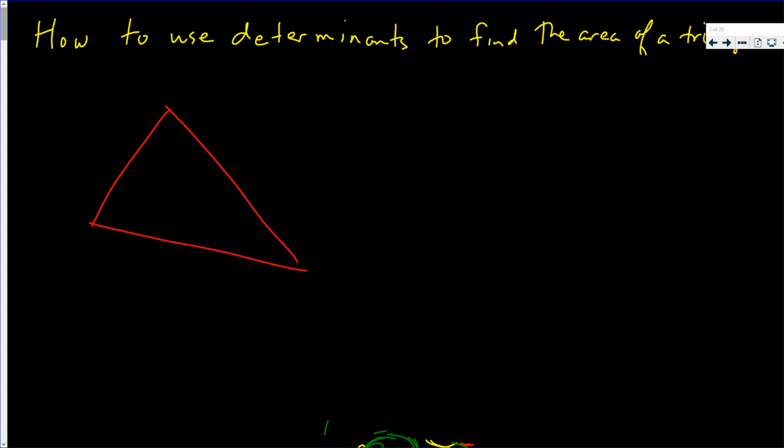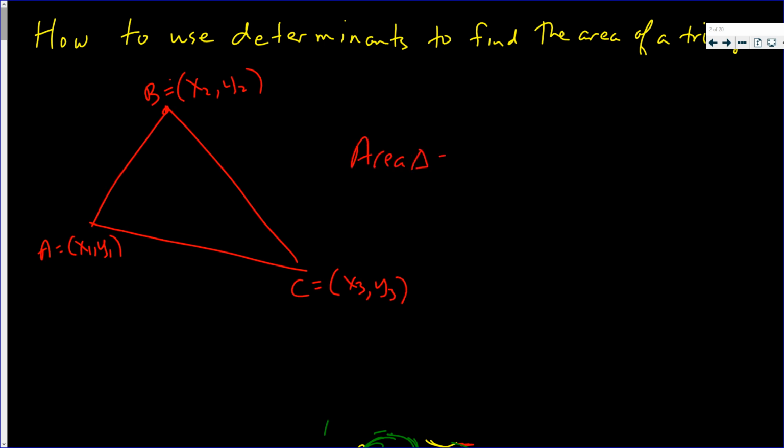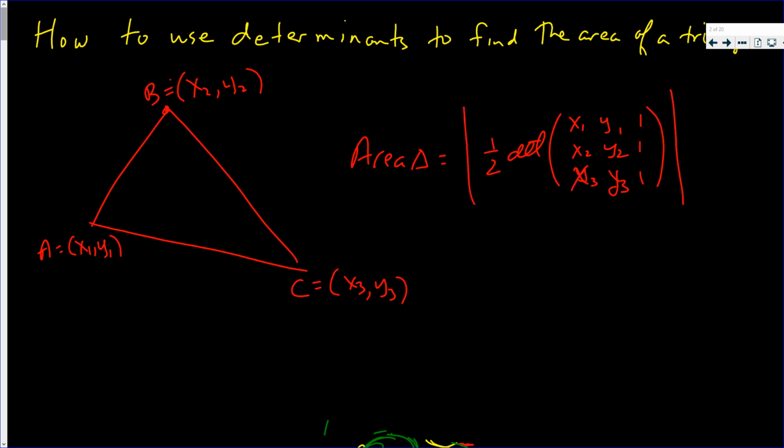If you have a triangle where point A is x1, y1, and another point is x2, y2, and another point is x3, y3, it turns out that the area of the triangle is nothing more than 1/2 the determinant of the first point, second point, oops, a third point, and then 1, 1, 1. But you have to take the absolute value.